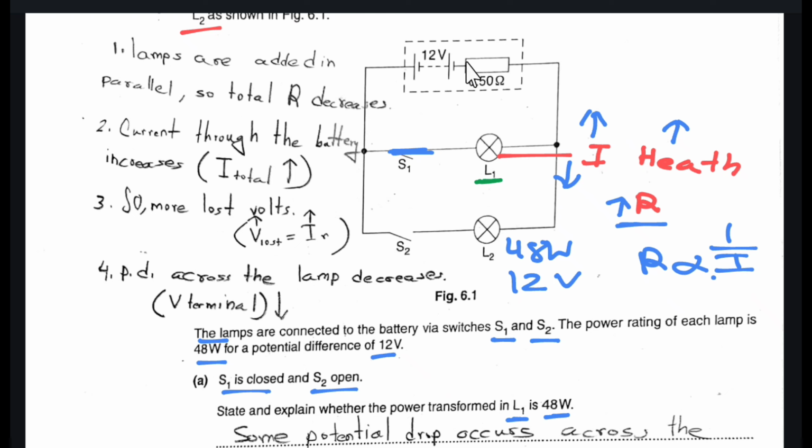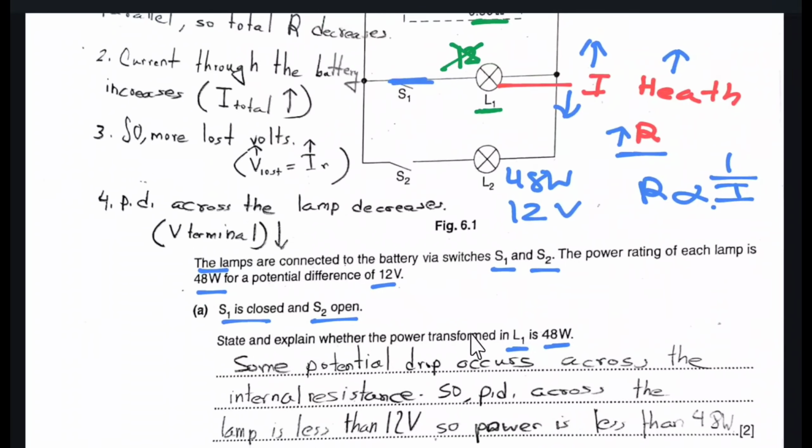As we can see, due to the internal resistance, the 12 volt would not exactly pass through L1. Some of the voltage drop occurs across this resistor, and so the voltage across the lamp is not exactly 12 volt. As the voltage is not 12 volt, power is not exactly 48 watts.